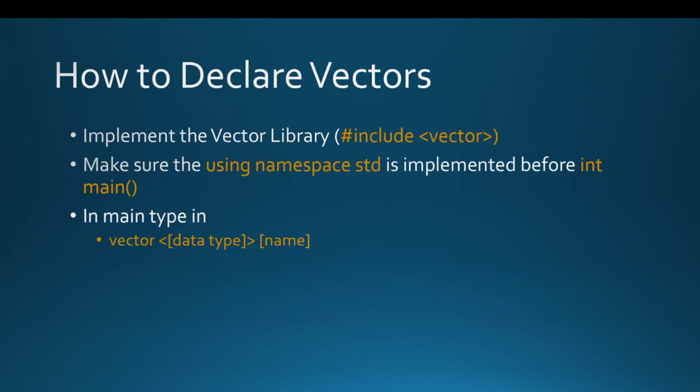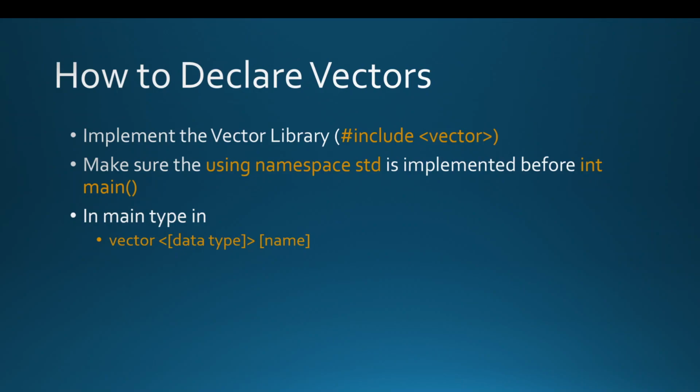So how do you declare vectors? You include the vector library. You type the include statement and put vector inside the angular brackets, and you make sure that using namespace std is implemented.